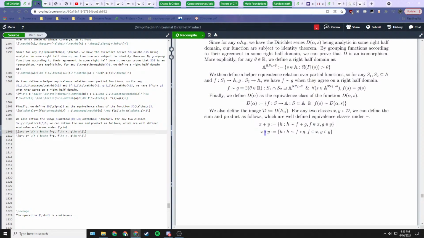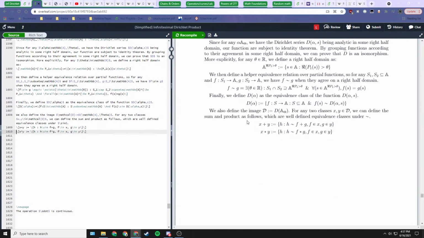We also want to prove that it's isomorphic to A theta using the function D. We can think of script D as the set of all convergent Dirichlet series, up to identity on a right half plane.